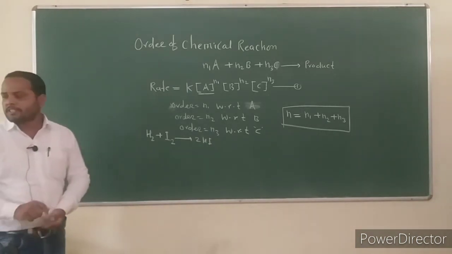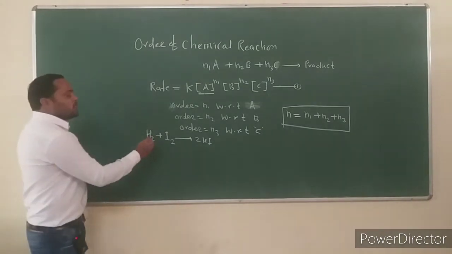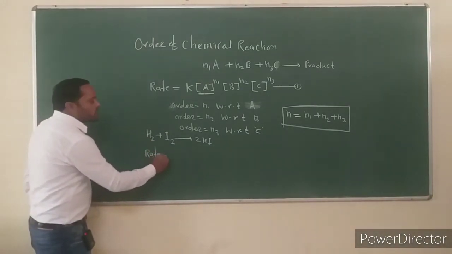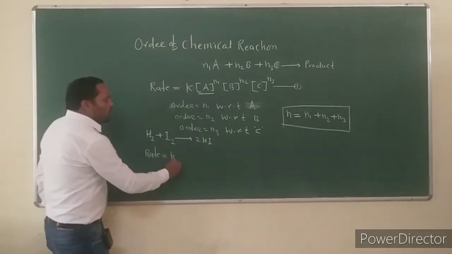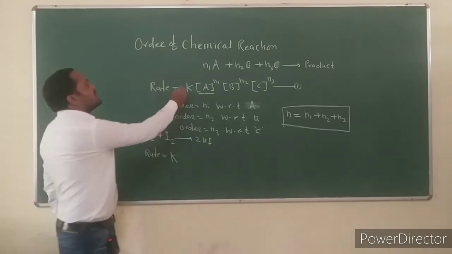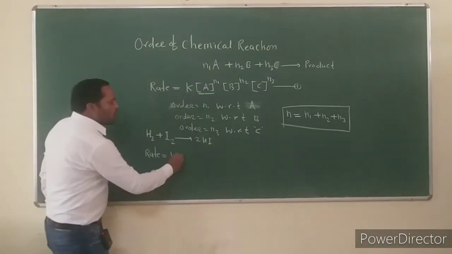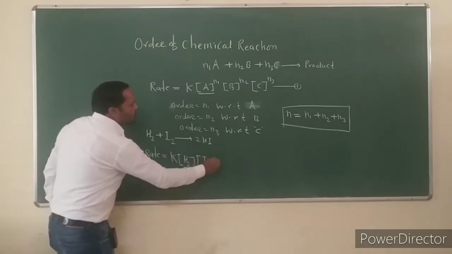For this chemical reaction, we can write the rate equation. Rate of reaction is equal to the proportionality constant K times the concentration of H2 times the concentration of I2.